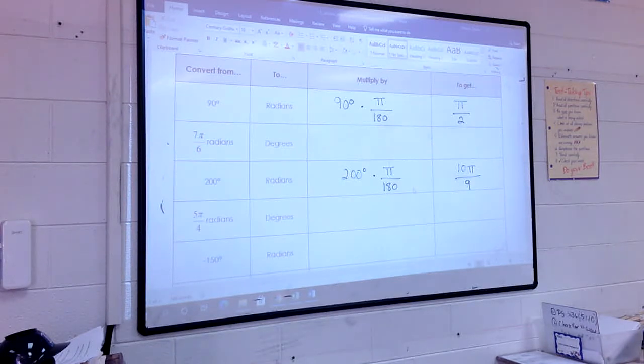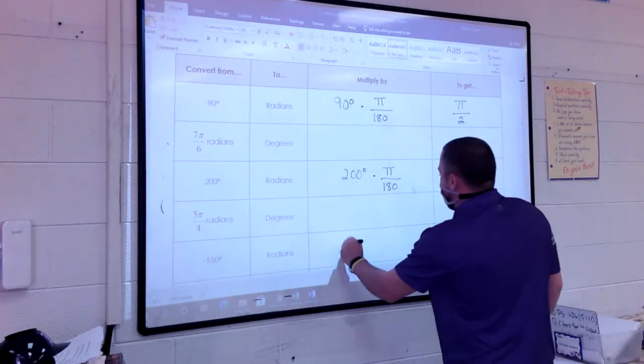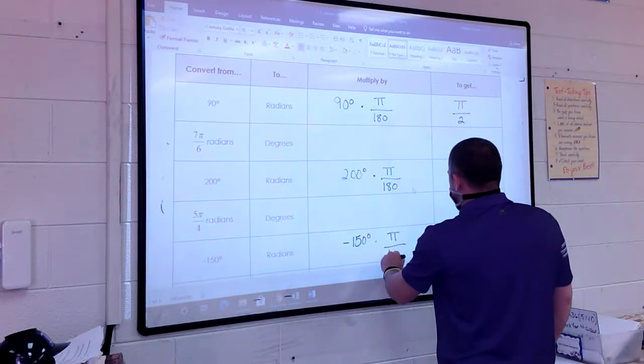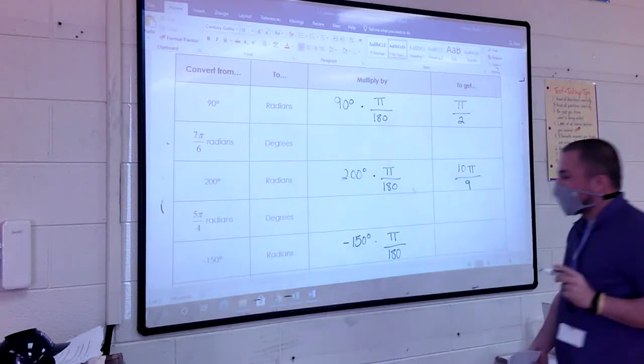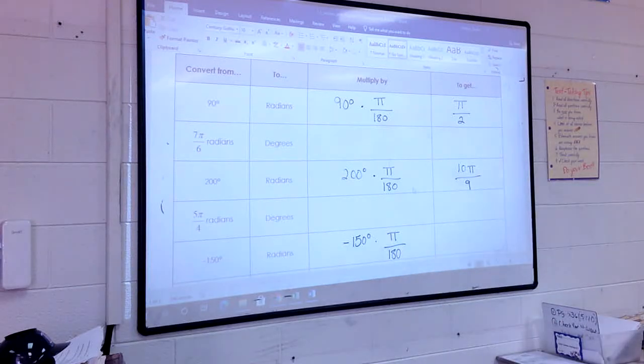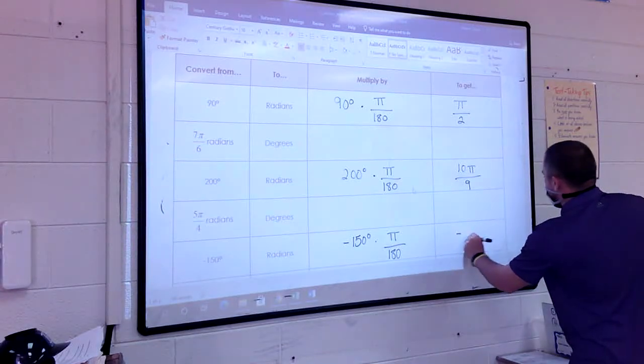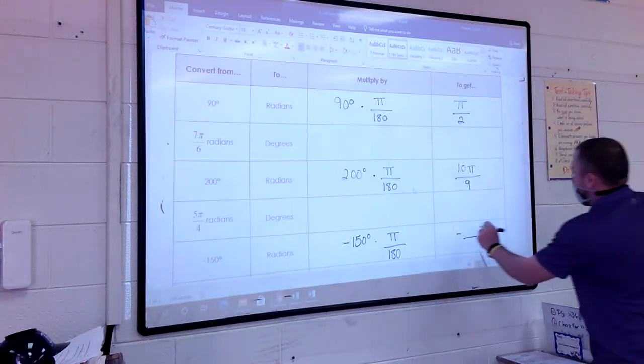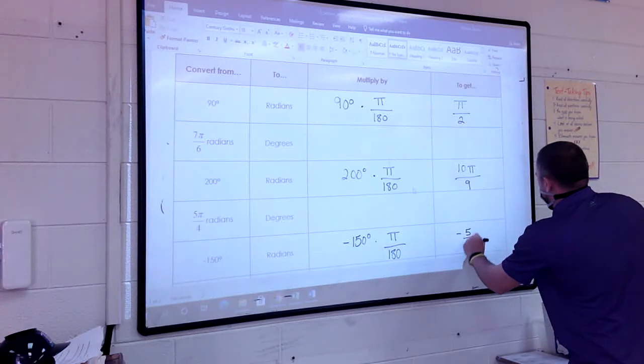Look at negative 150. So negative 150, you're putting pi on top, you're dividing by 180. So negative 150 divided by 180 in your calculator is, as a fraction, negative 5 over 6, and then we put pi on top.